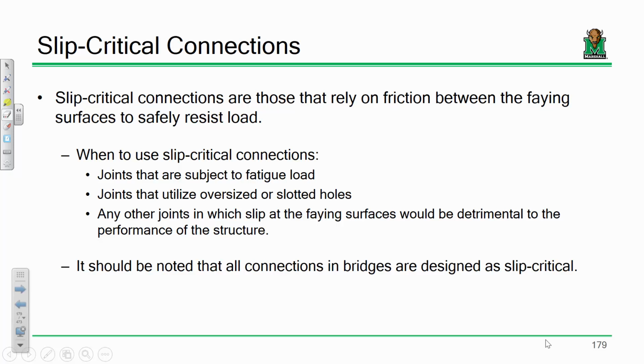One of the big ones is any connection where the structure is going to be subjected to a fatigue load. Fatigue loads are in structures or systems where they're loaded, unloaded, loaded, unloaded, cyclically over and over again. Can anybody think of a type of structure where that would be relevant? A bridge, exactly right.